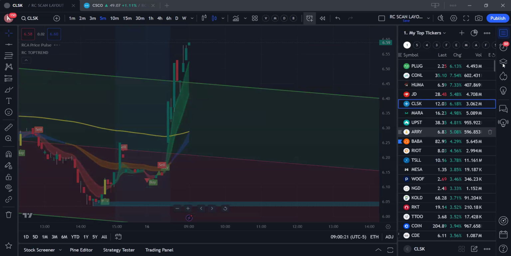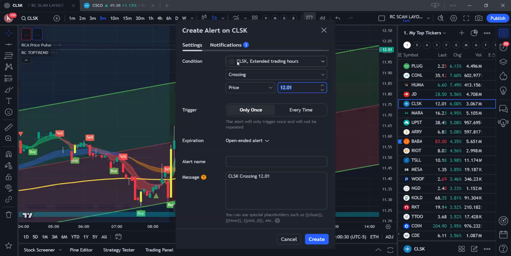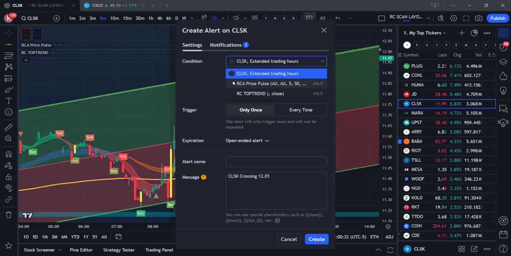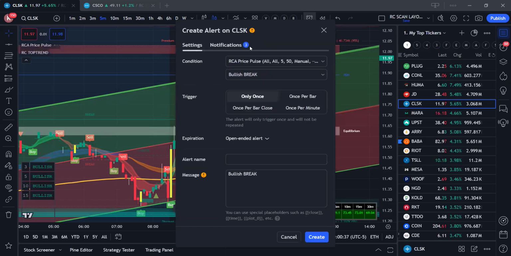We already created alerts for all the Chinese stocks like JD, Baba. That is your first step, where you will analyze which stocks are moving and then create buy and sell alerts.